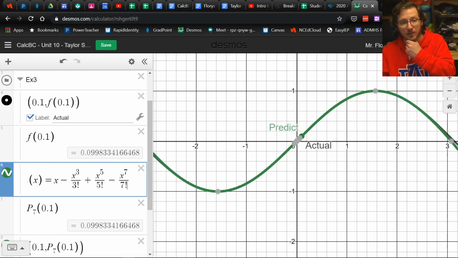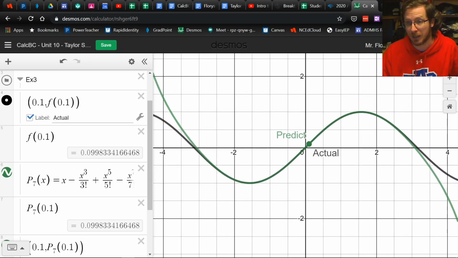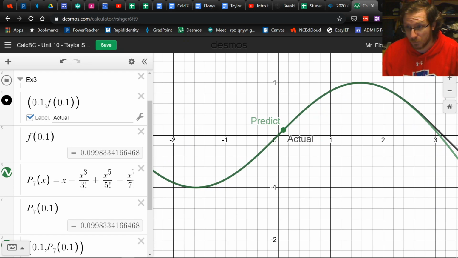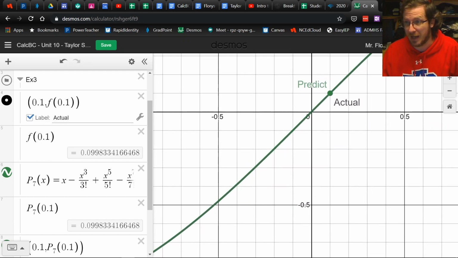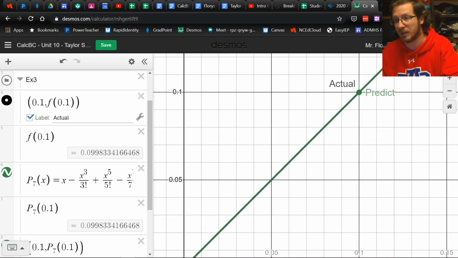There's our actual Taylor polynomial that we just found. And we can see, again, it goes out a little bit further. That radius of convergence tends to be better. It widens a little bit further. And we'll see that the actual prediction is even better itself within that range there.